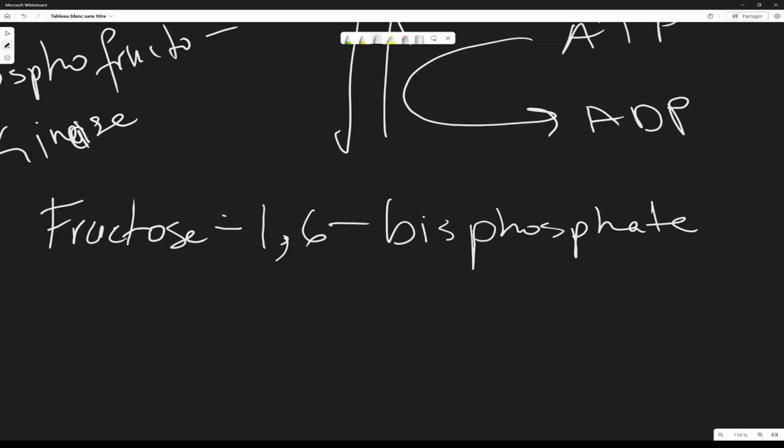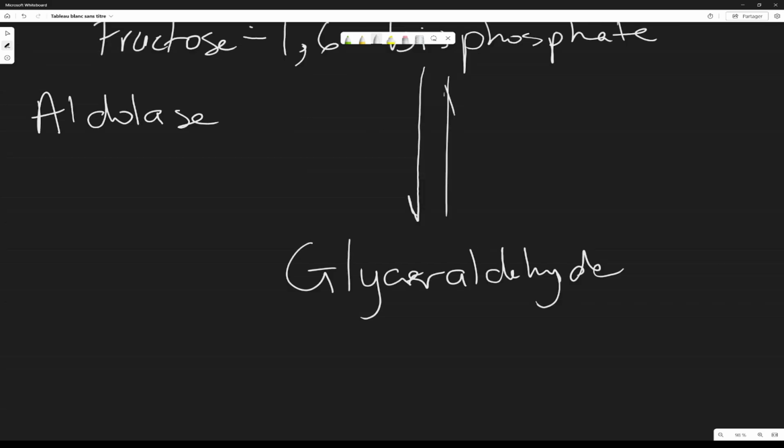With aldolase, we can have a reaction going towards glyceraldehyde 3-phosphate, but in this reaction, it actually produces something else. It also produces what we call dihydroxyacetone.